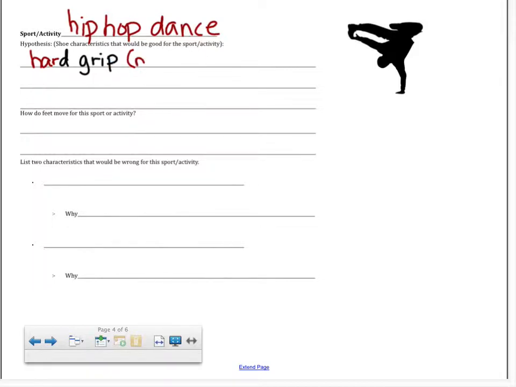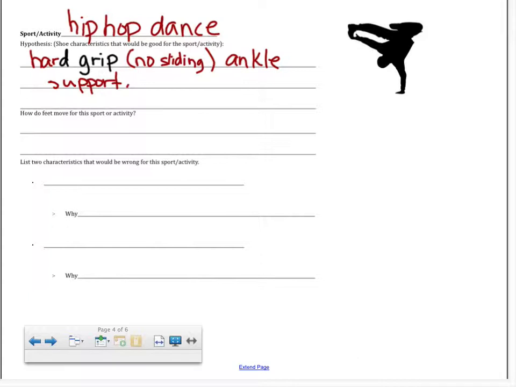Okay, so he says it depends. Remember, there are various types of hip-hop dancing. So maybe for the one he's talking about, he doesn't want any sliding. All right, what else? Ankle support. Flexibility. Okay.